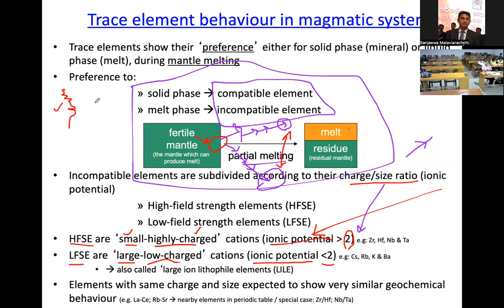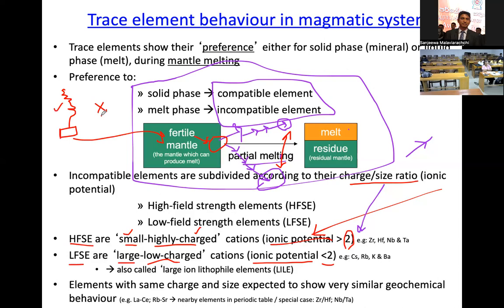Those peridotites which can produce melt are called fertile peridotite or fertile mantle, whereas the other ones which cannot produce melt are called refractory mantle or refractory peridotites. Refractory, remember that term also. That is also important.